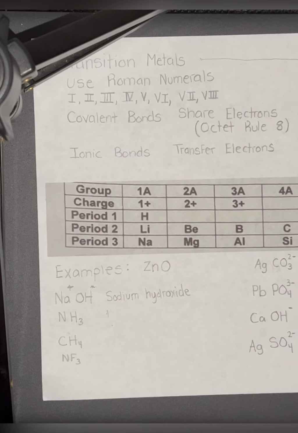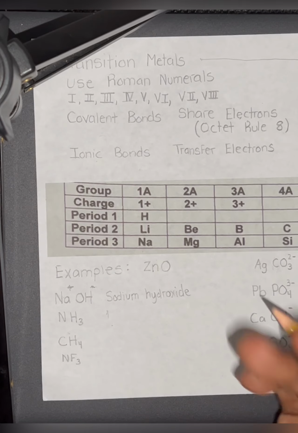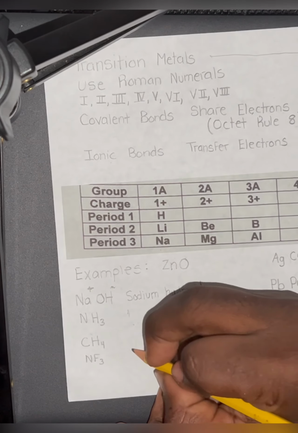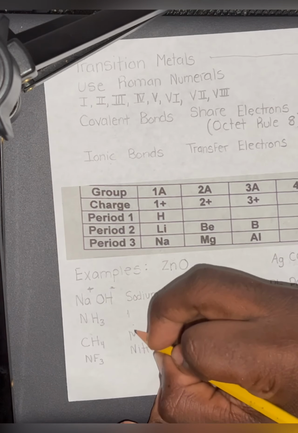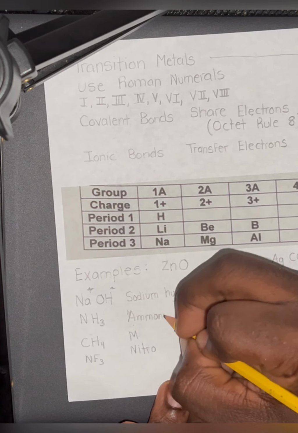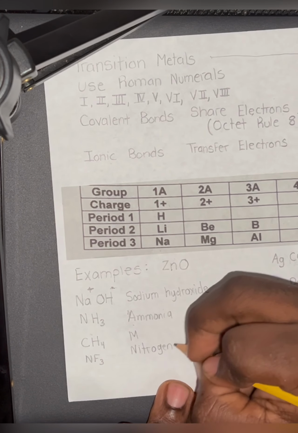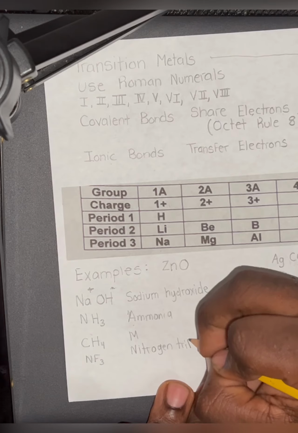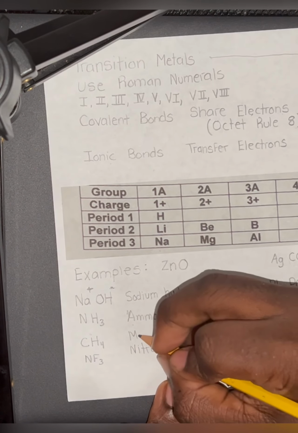CH4 would be methane. NF3 would be nitrogen trifluoride if we wrote it out. The main part of this video is about the charges, so I don't even know why I put these on here.